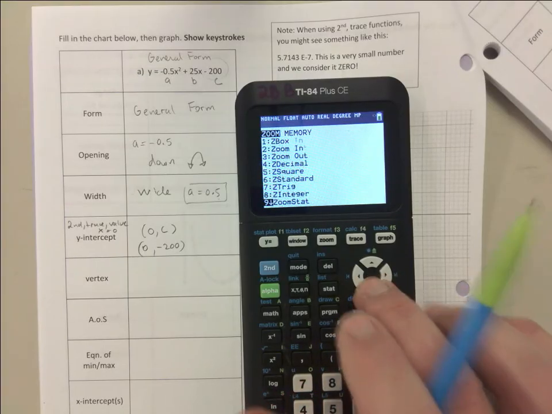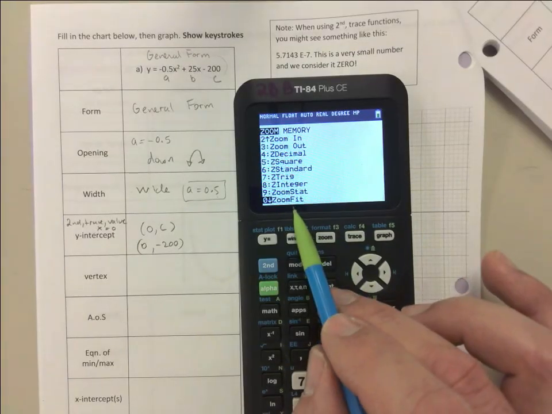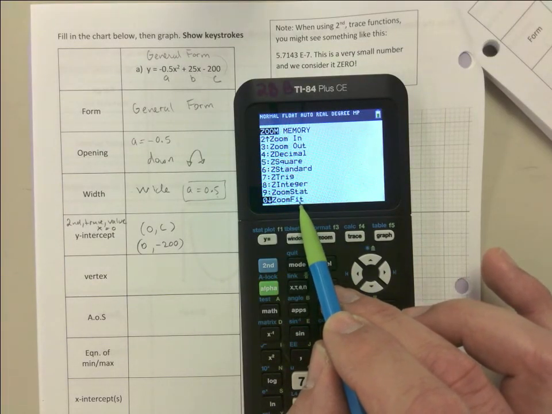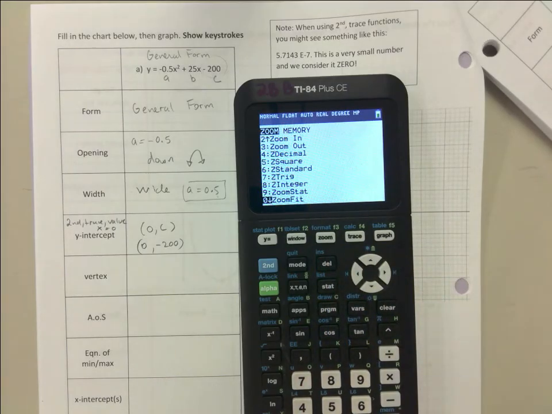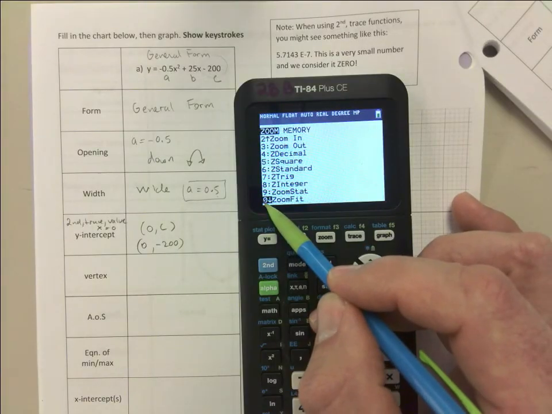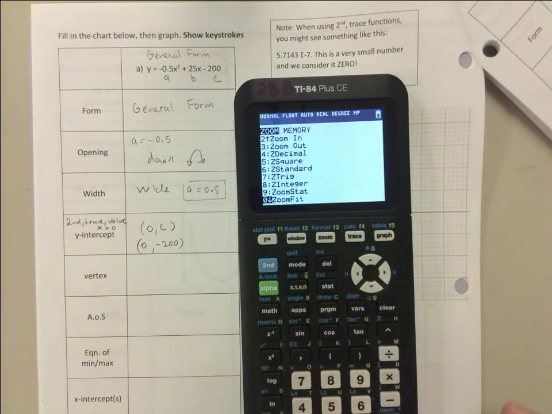So once you press zoom, you should get to the very bottom here, zoom fit. If you just keep going down, did you find that one? Zoom fit, what do you think it's going to try to do? It's going to fit your graph, but it doesn't always do a very good job. But we're going to try it. You can either press 0 on your calculator or just go to zoom fit and hit enter.